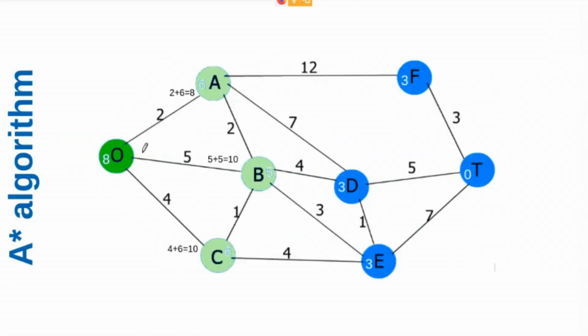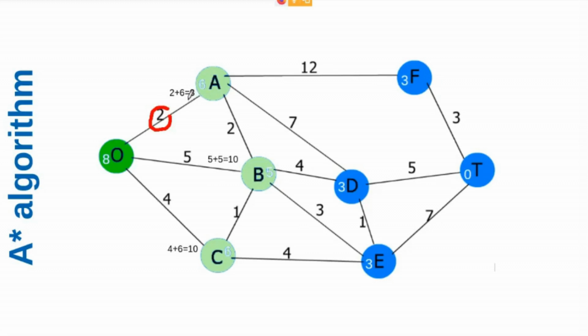Well, let's consider that we have visited the origin, right? And we will consider not only the cost of going from O to all the neighbors, remember, here I have a 2, 5, and 4, but also the heuristics for every single neighbor in here. Remember that here we have a 6, another 6 in C, and a 5 in B. So you add 2 plus 6, this 2 plus this 6, right?